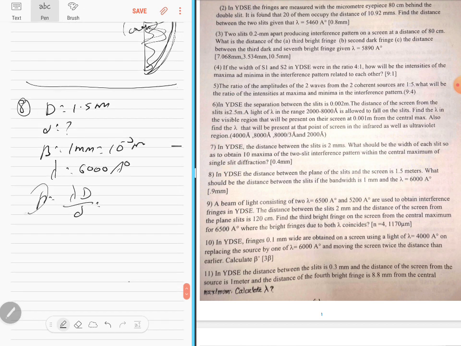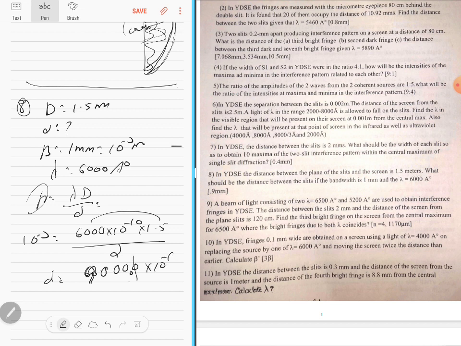So 10 to the power minus 3 is equal to lambda, which is 6000 into 10 to the power minus 10, into 1.5 by small d. So small d is equal to 6000, 15 6s are 90, so it will become 9, 15 6s are 90, 000, one of the decimal gets cancelled, into 10 to the power minus 10 by 10 to the power minus 3.